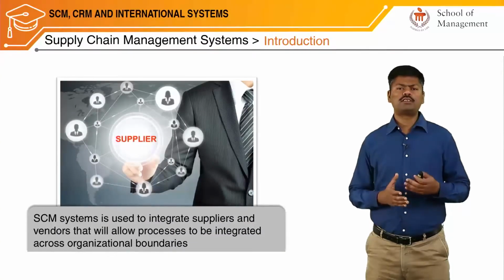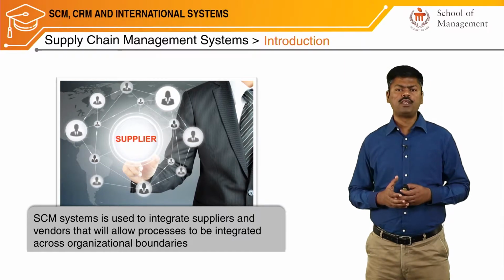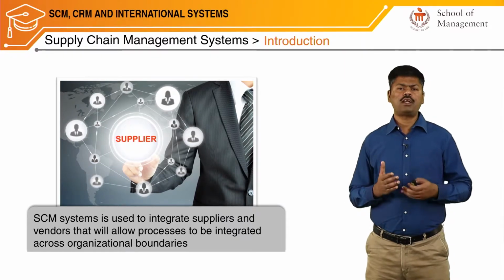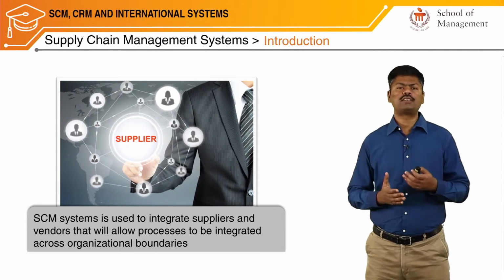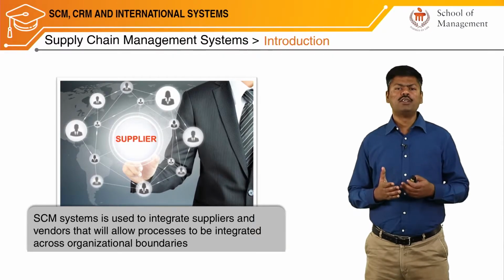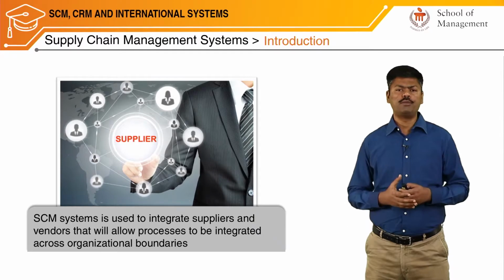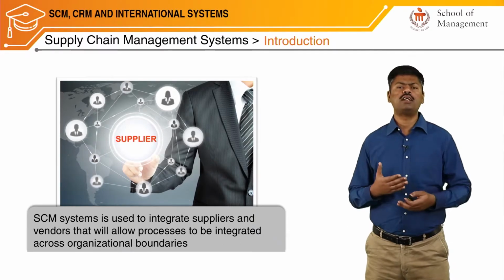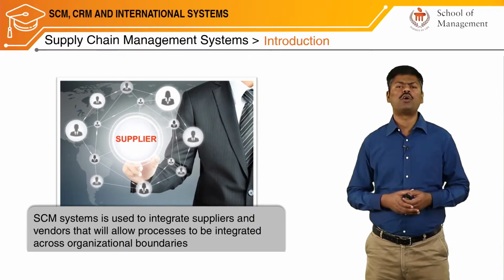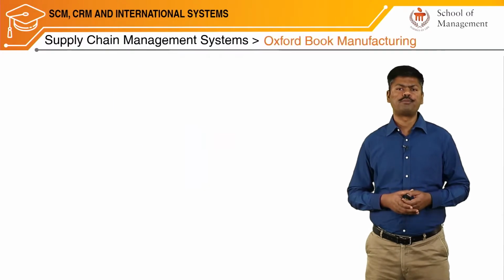So the suppliers play a very critical role in a supply chain management system. So the application actually tries to integrate the suppliers and vendors so that they can communicate with the manufacturing facility quite freely. And that's creating an integrated approach within the organizational framework.